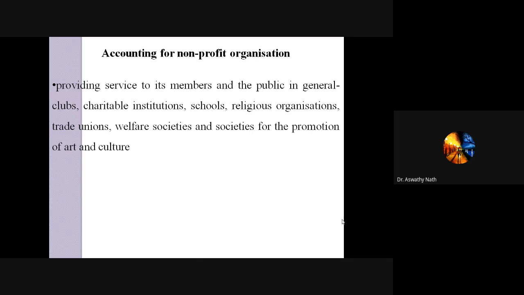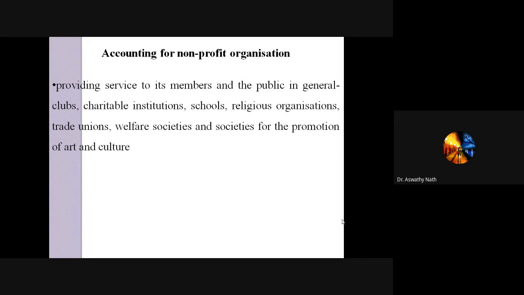We know there are certain organizations which are set up for providing services to their members, and such organizations include some clubs, some charitable institutions, some schools, religious organizations. Those are called non-profit organizations, right?